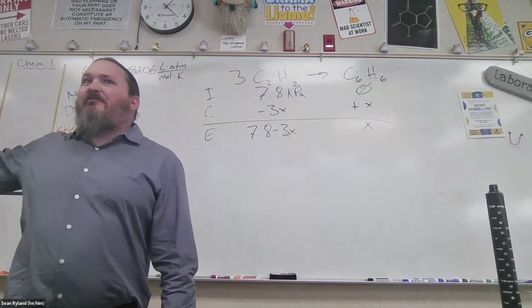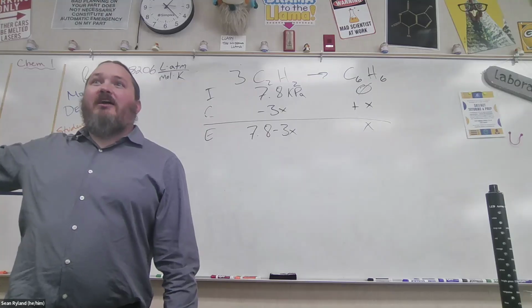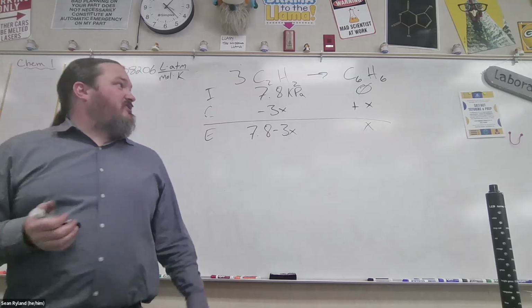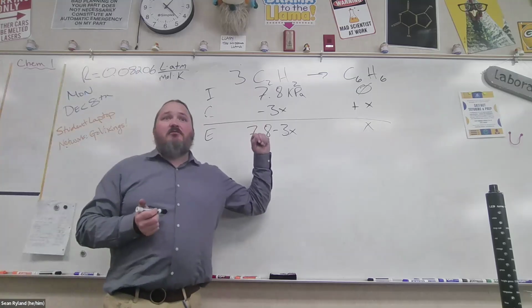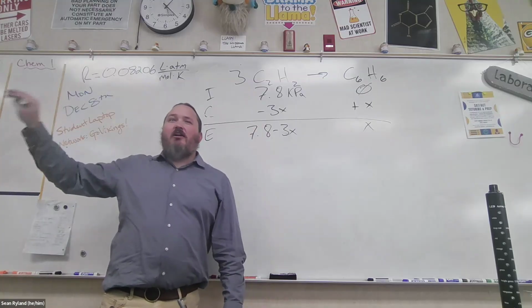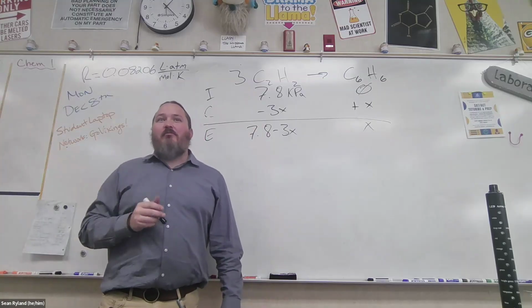If you have different amounts of both of them and they're balanced differently, you can still write ice tables for both of those reactions, but you're not going to want to use X for both of them. Why?